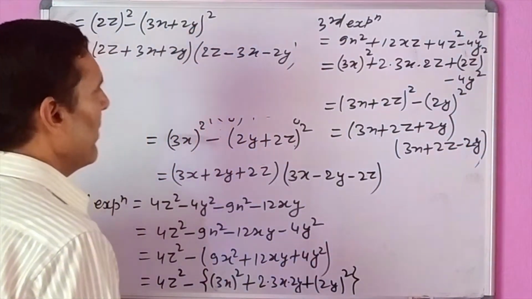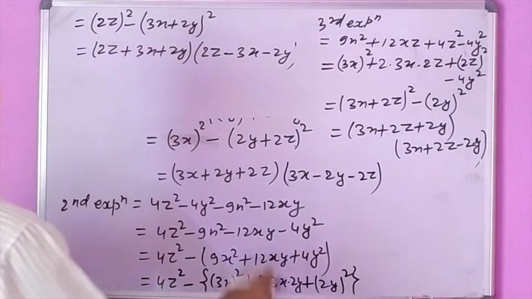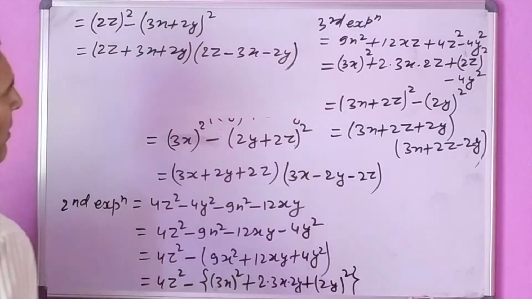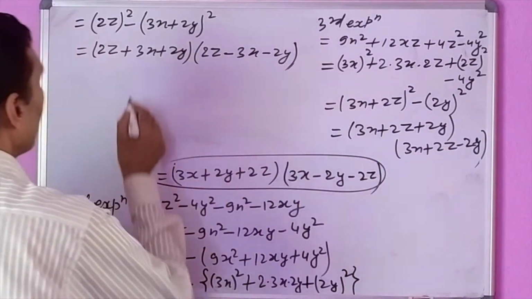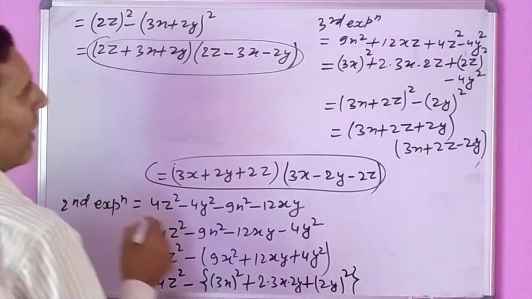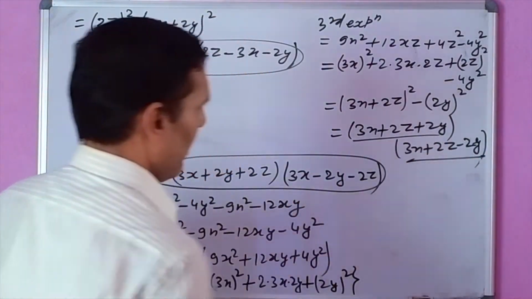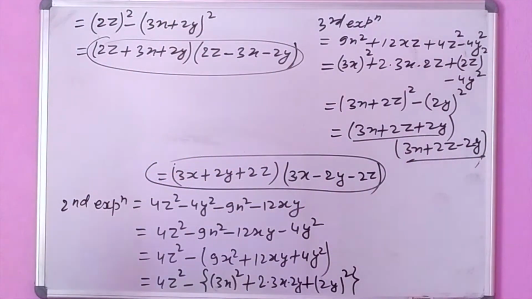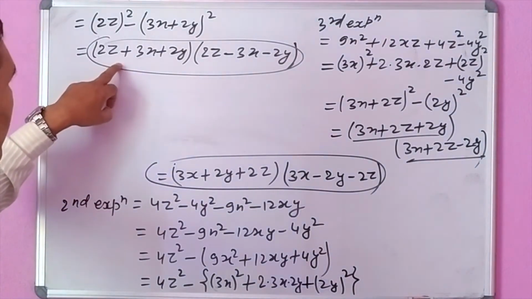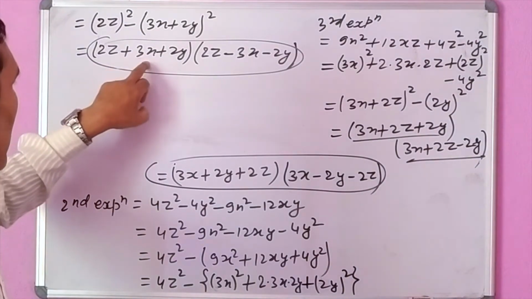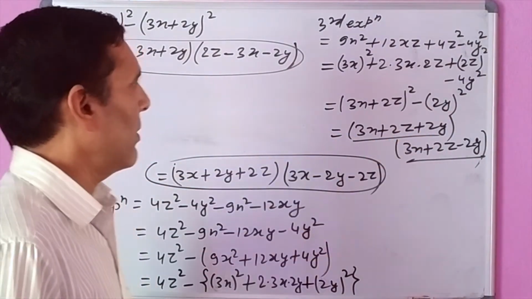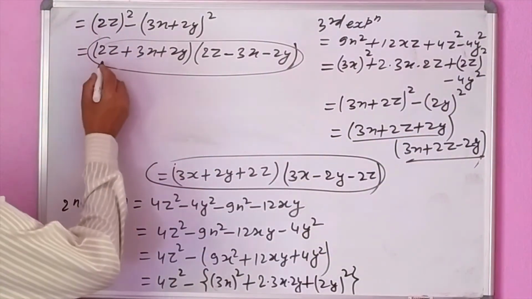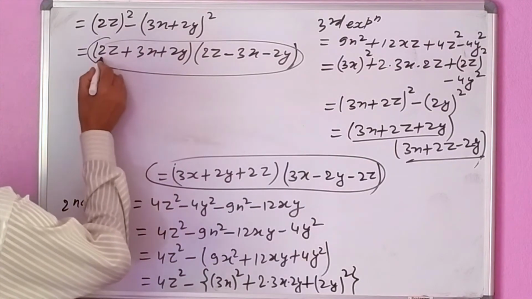So in this way we have completed the factorization of all the three expressions. We have the factors of the first expression here, the factors of the second expression, and the factors of the third expression here. So what is the common factor? How many factors are common here? 3x plus 2y plus 2z.